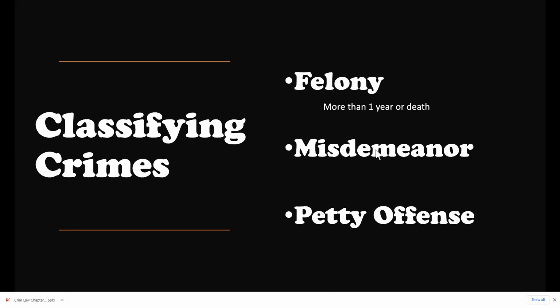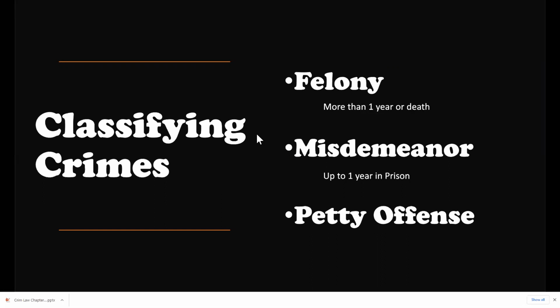Do we want to make it a misdemeanor, or do we want to make it a petty offense? A felony is the most serious type of crime, and it qualifies as a felony if the punishment is more than 1 year in prison or death. That's why felonies are more serious, because they have punishment that is either a year or more, or death.